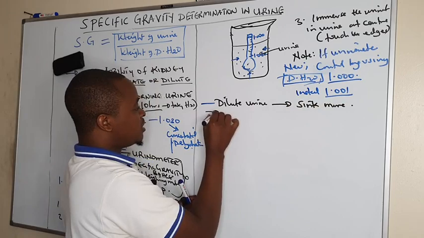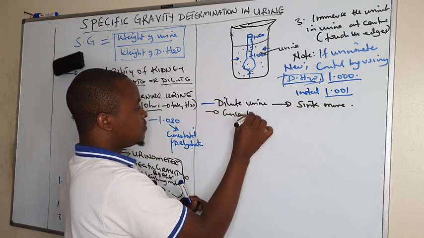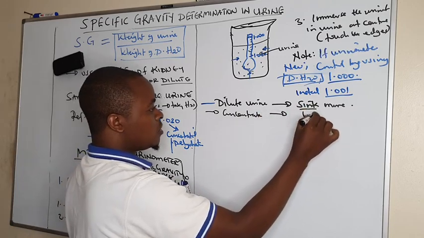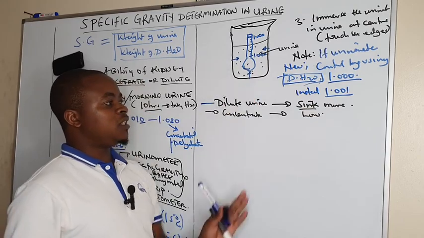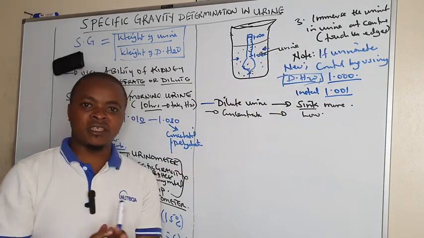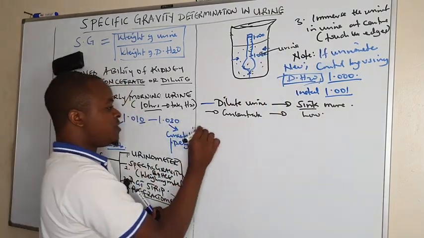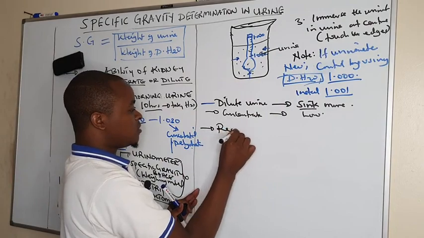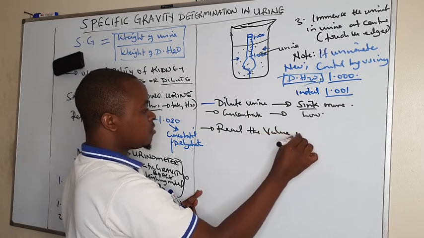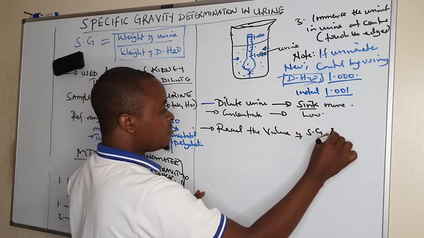If the urine is concentrated, the rate of sinking is low; it does not sink deeper. After it has stopped sinking, we read the value of specific gravity at the meniscus.